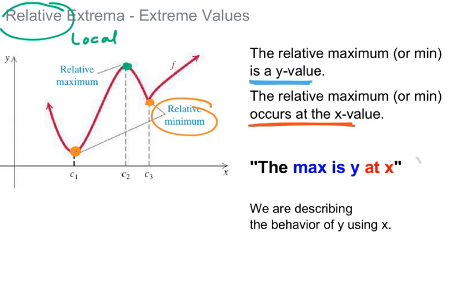So we often say the max or min is y, and that max or min occurs at the x value. Again, just like with intervals of increasing, decreasing, and constant, we are describing the behavior of y using x. So we're always going to say the max or the min is the y value. And if I ask, where does the max or min occur? You're going to give me an x value for that.